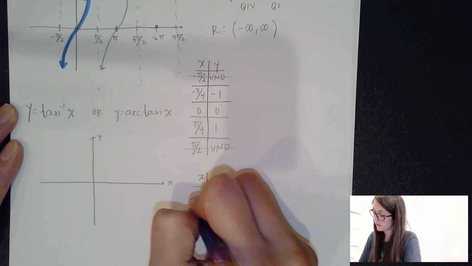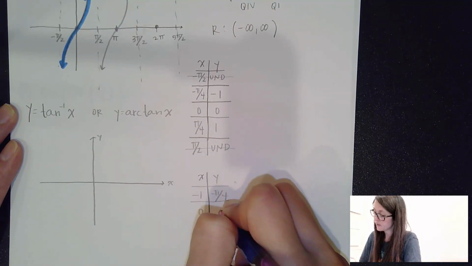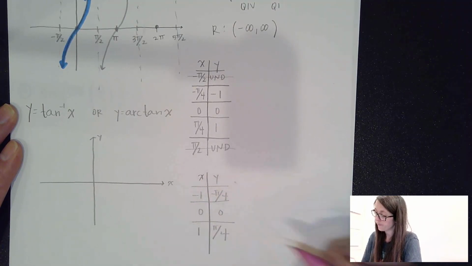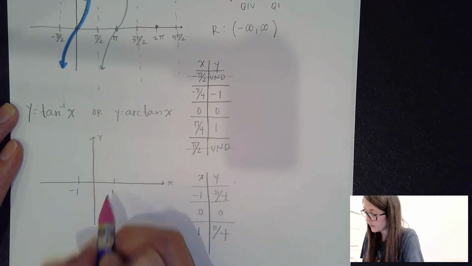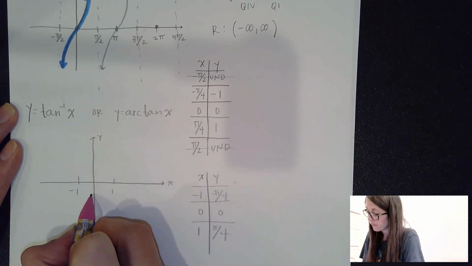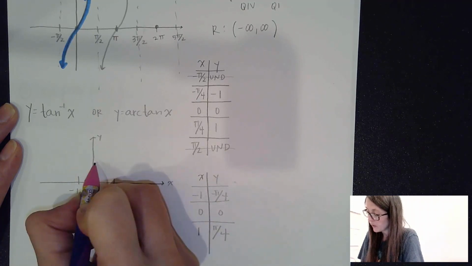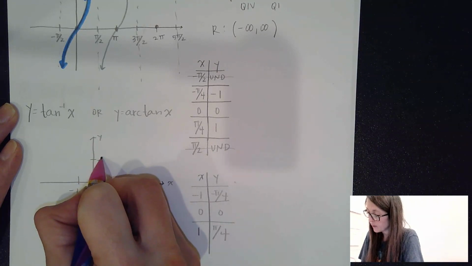So negative 1, negative pi over 4, 0, 0, and 1 and pi over 4. So we're going to have a negative 1, 0, and a 1. We're going to have a pi over 4 and a negative pi over 4.